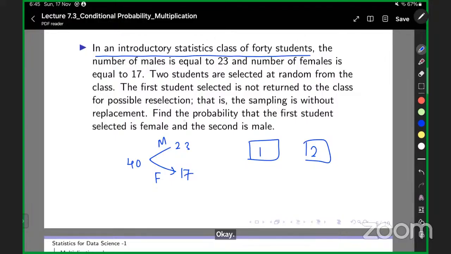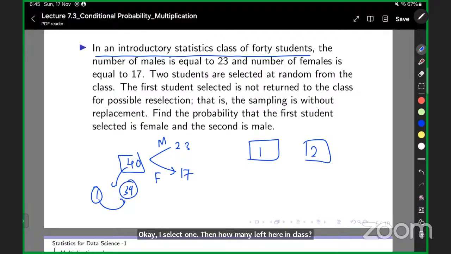Sir, one question, sir. What does it mean that the sampling is without replacement? That's what it is, right? So I select one student out of these 40 students. Then how many are left in the class? 39. So if I send him back, that will make it 40. Then I'm doing what is with replacement.